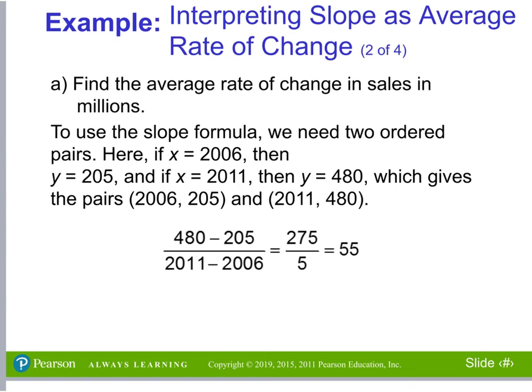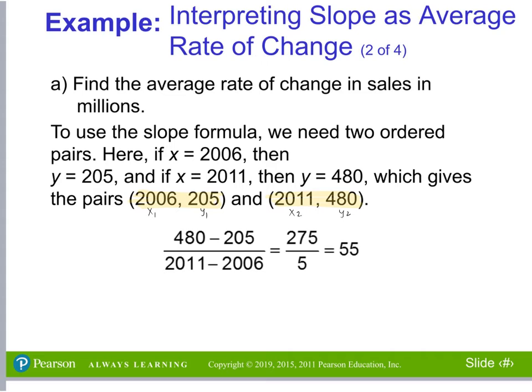So we just need to write down our information in terms of two ordered pairs. In 2006, the sales were 205 million, and in 2011, the sales were 480 million. And then we have an x1 and a y1, an x2 and a y2, and then we can just plug those into our equation.